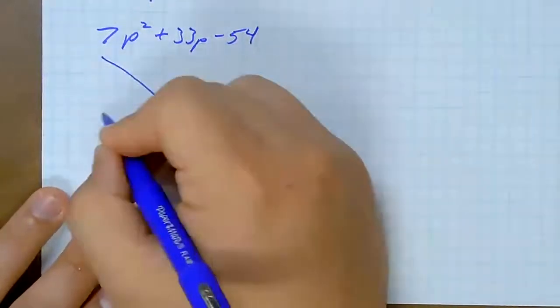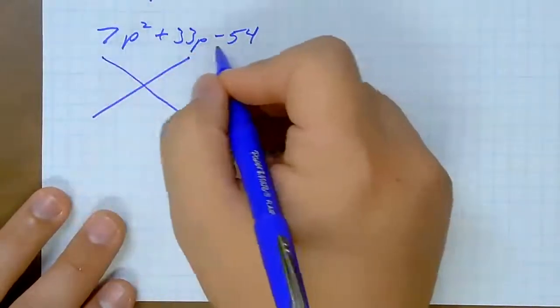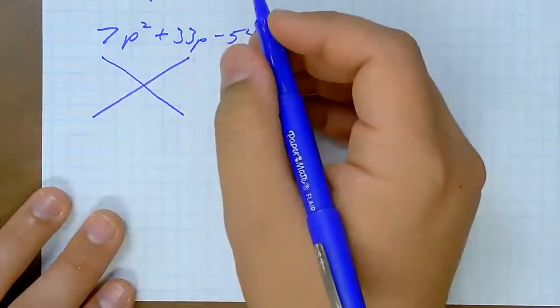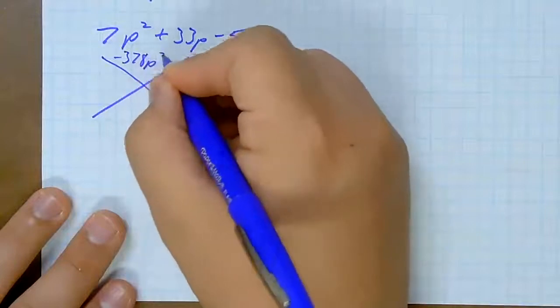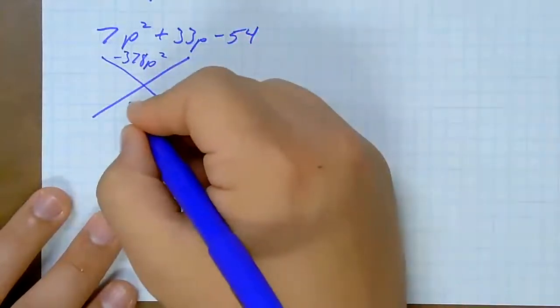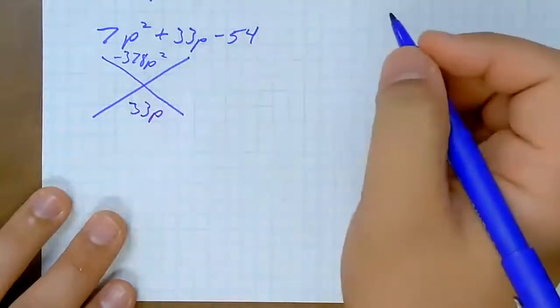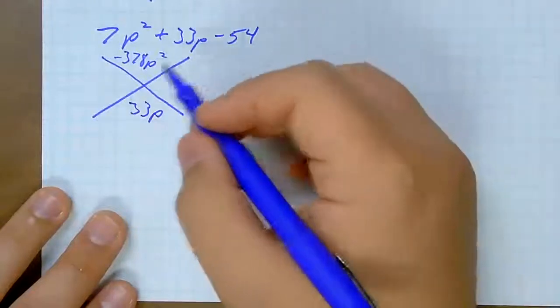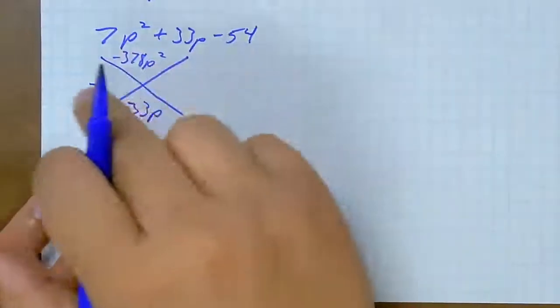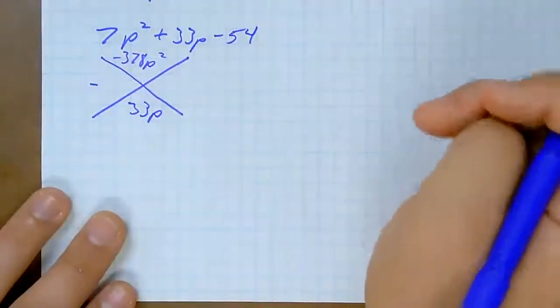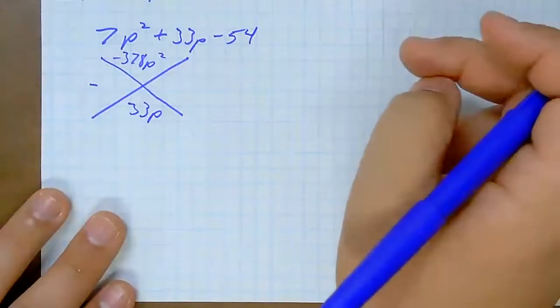We do need to set up our diamonds. 7p squared times negative 54 is negative 378. P squared, positive 33p. We have one positive and one negative. We'll put the negative on the left side. So whatever the negative is, we're going to put it on the left side. In a moment, I'll show you why.